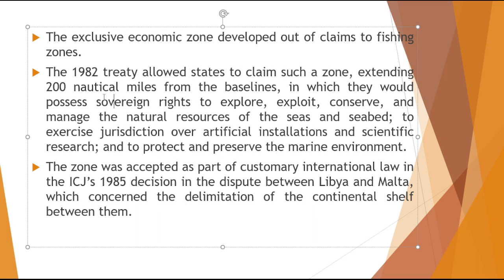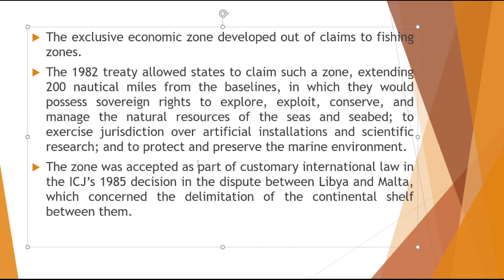So these are various terms of the 1982 treaty. This came from the claims of fishing zones. This was then to exploit, explore, conserve, and manage natural resources of the seas and the seabed, up to the limit of the EEZ, the Exclusive Economic Zone.